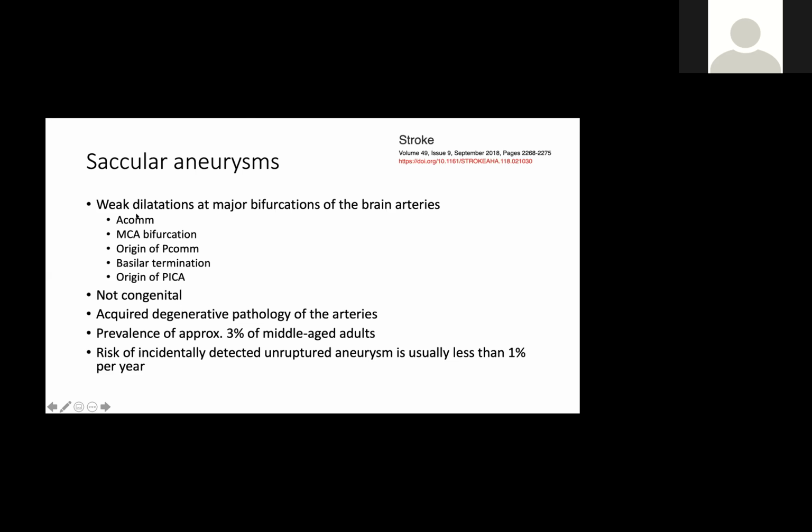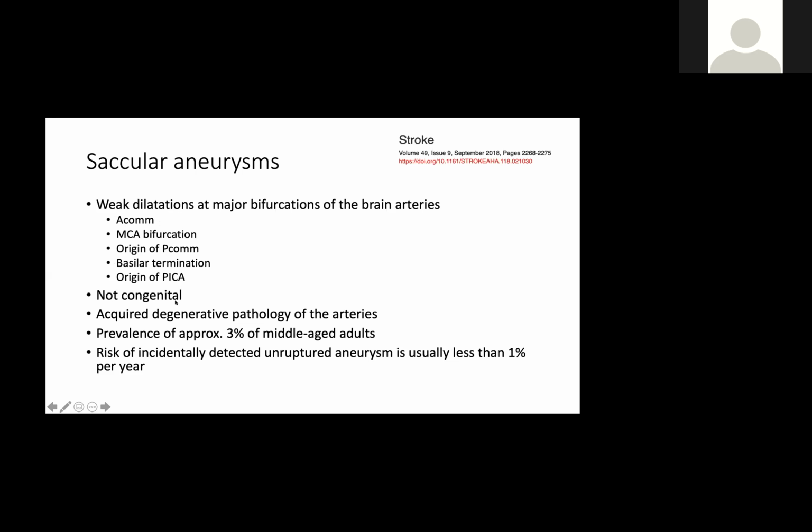So anyway, saccular aneurysms are weak dilatations at the major bifurcations of the brain arteries. The common locations include the anterior communicating artery complex, the middle cerebral artery bifurcation, the origin of the posterior communicating artery, the basilar termination, and the origin of PICA. You're not born with them.